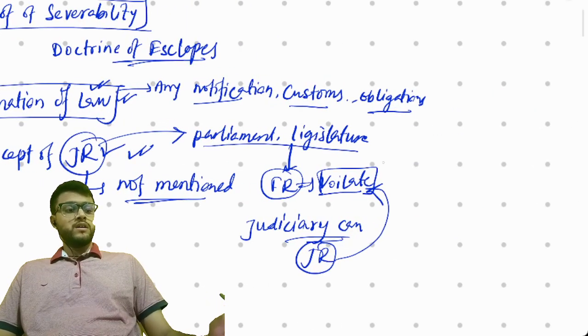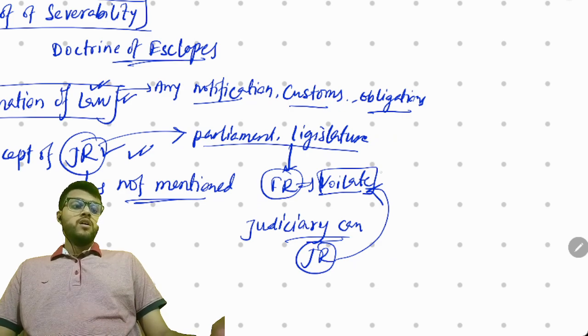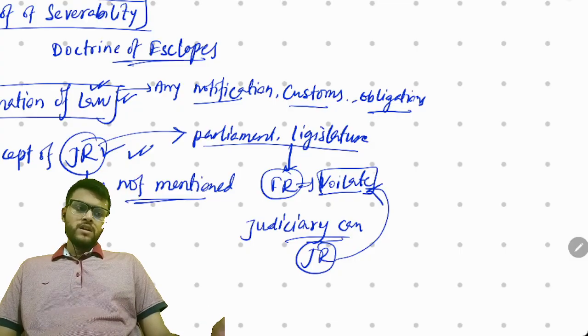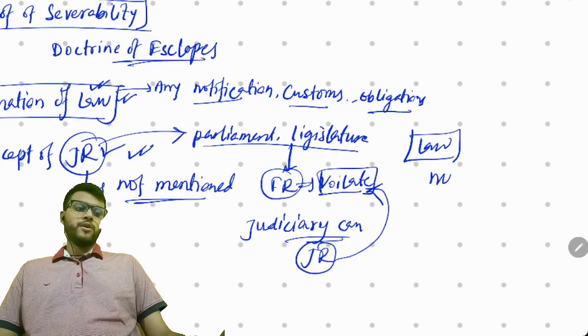As per the judgment, if the law violates a fundamental right, this law can be invalid or null and void.